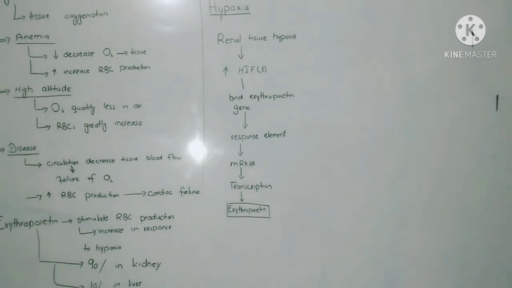Renal tissue hypoxia leads to an increased tissue level of hypoxia-inducible factor 1, which serves as a transcription factor for a large number of hypoxia-inducible genes, including the erythropoietin gene. HIF-1 binds to the hypoxia response element in the erythropoietin gene, inducing transcription of messenger RNA, hence erythropoietin is formed.